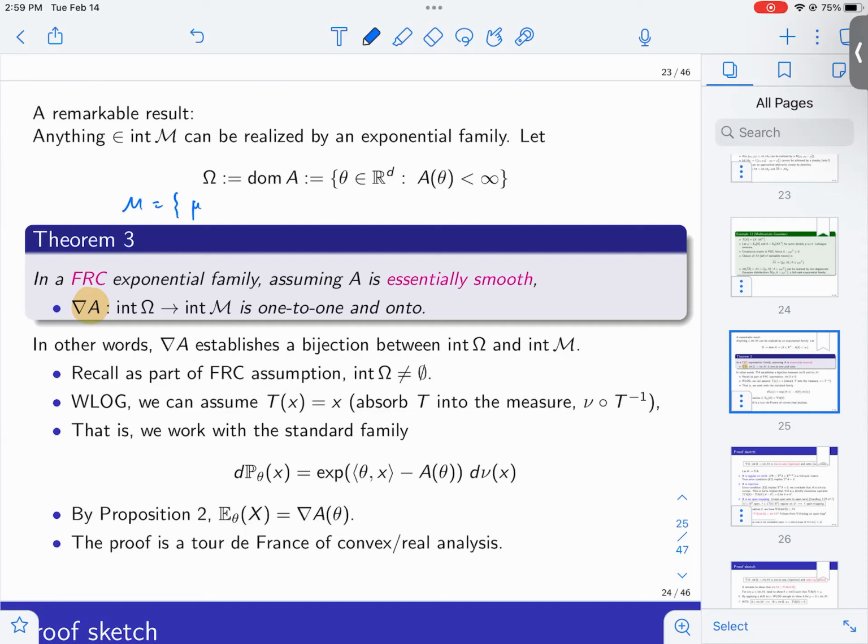The set of all mu in R^d such that this can be written as mu for some density p with respect to nu.